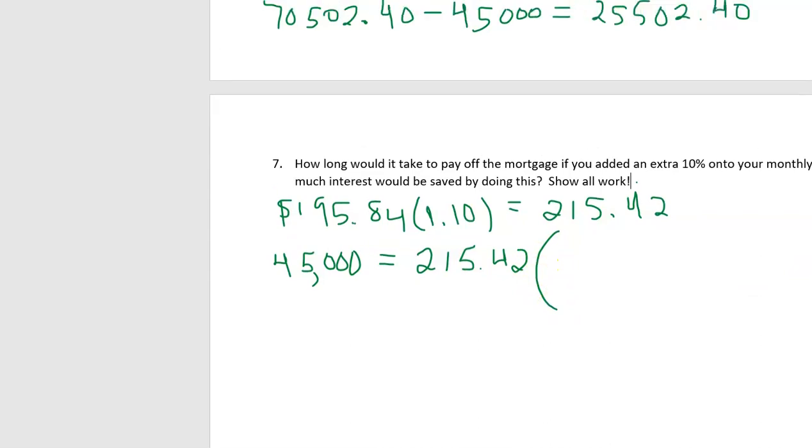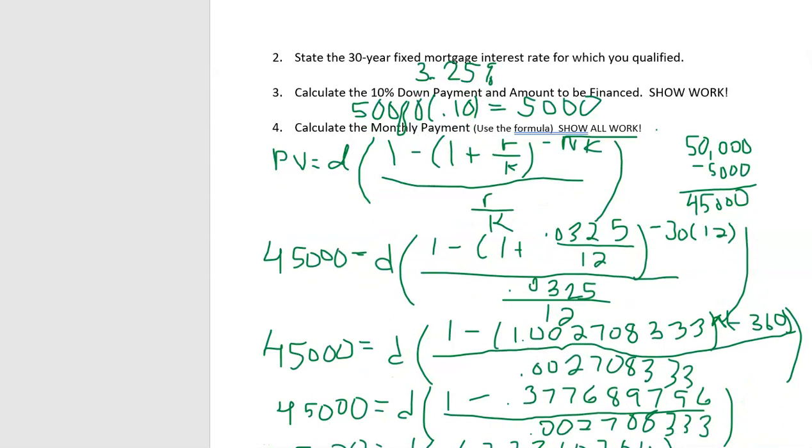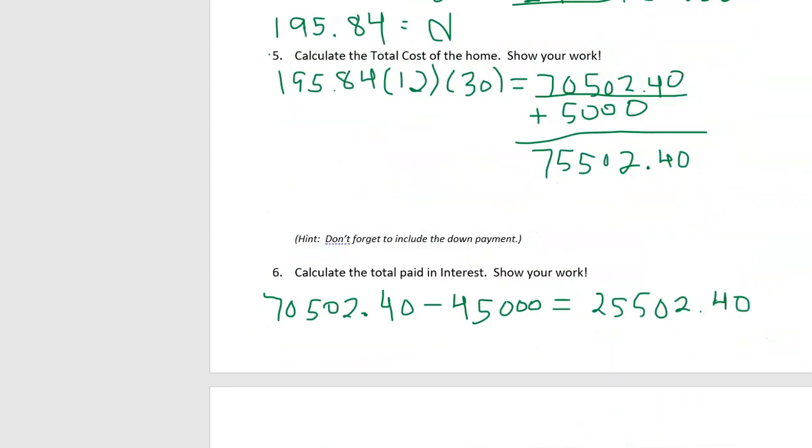But when I go up to my formula up here, what we don't know is the number of years. So this right here will be unknown. Everything else, though, will be filled in exactly the same as before.